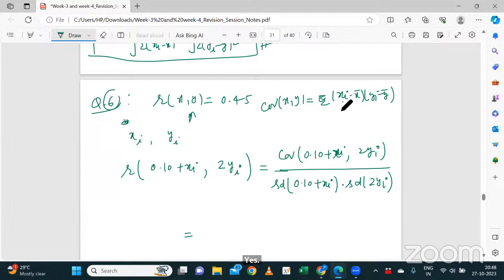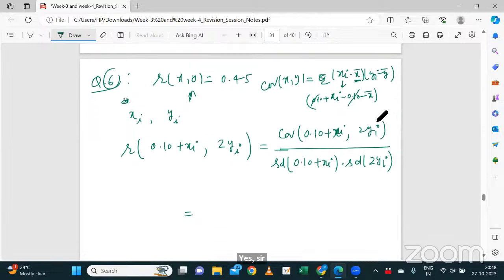Now if you talk about the new data set, it will be 0.10 plus xi, and x bar will be 0.10 plus x bar. Your 0.10 will get cancelled out here, right? So that means it will be xi minus x bar.